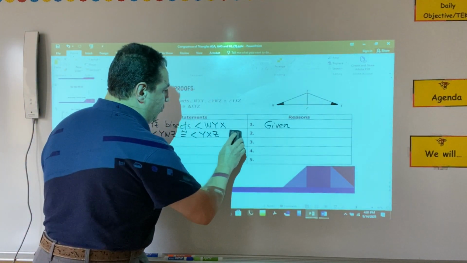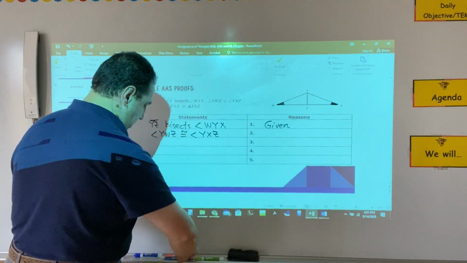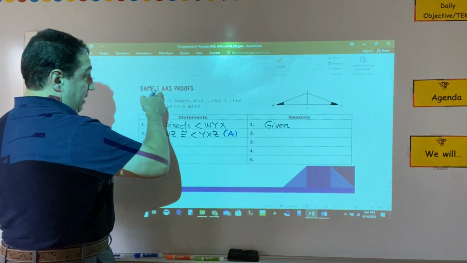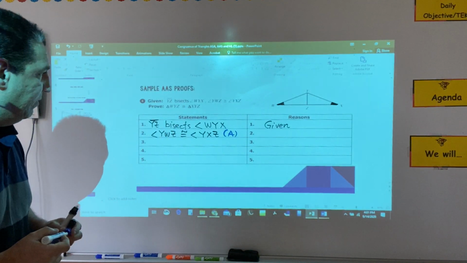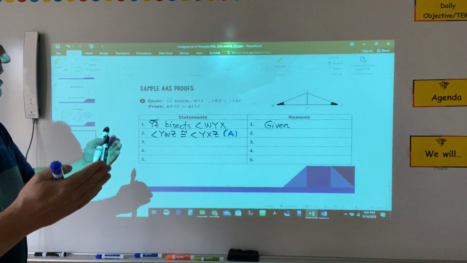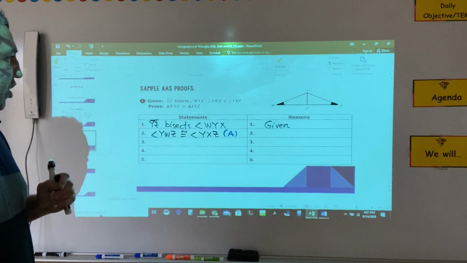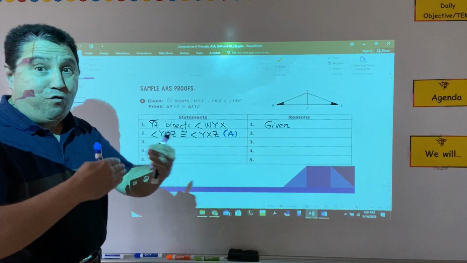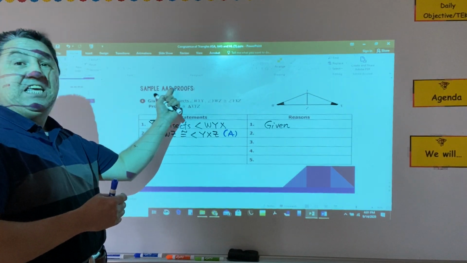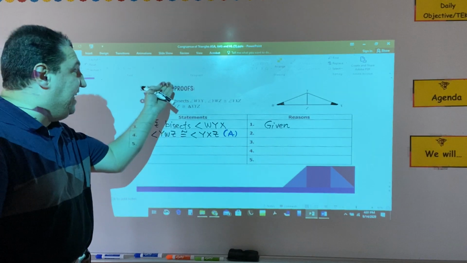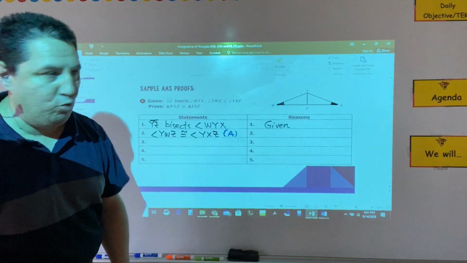Probably let's use another color to emphasize these letters better. Now, let's use the given information to find the missing corresponding parts needed to prove these triangles are congruent.